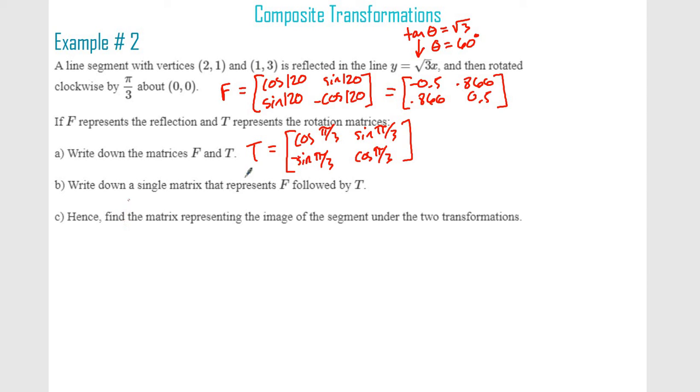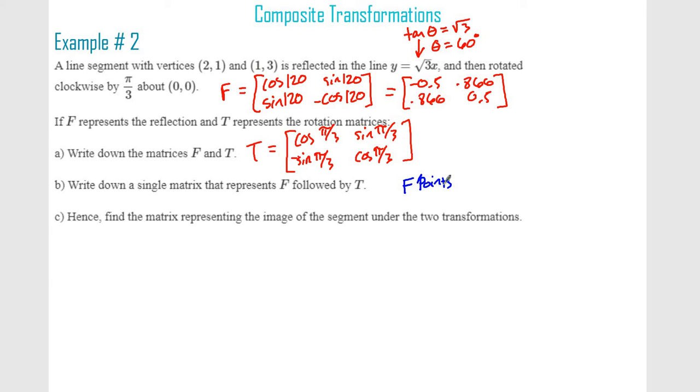Okay, write down a single matrix that represents F followed by T. All right, make sure you pay attention to the order of how you're doing things, meaning that first we take our points and we reflect them. So we do F times our original points, matrix F times the points.